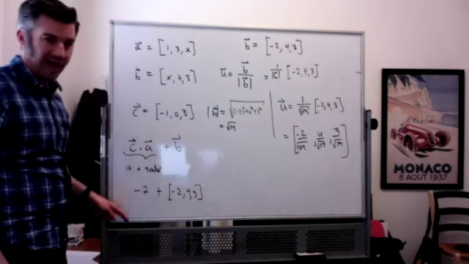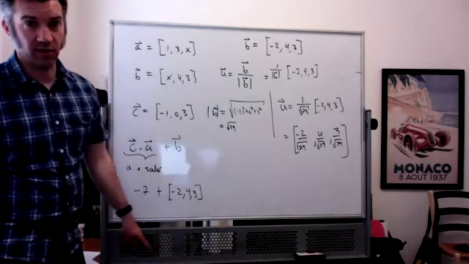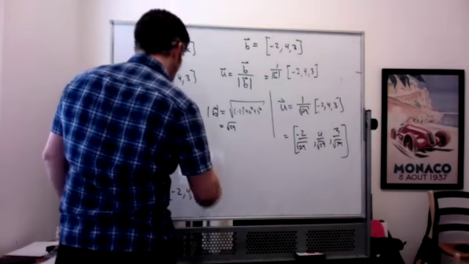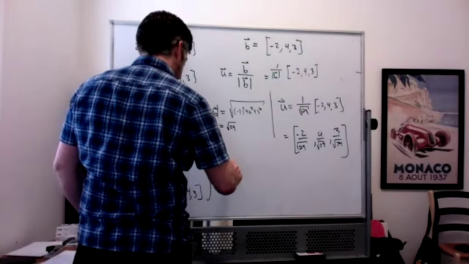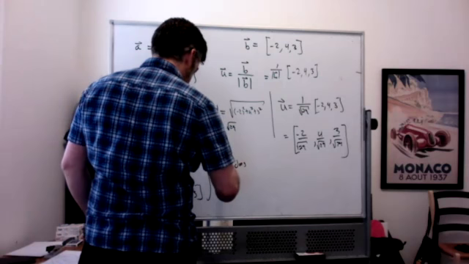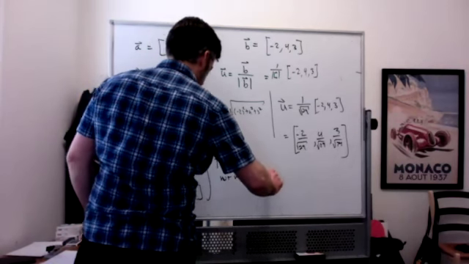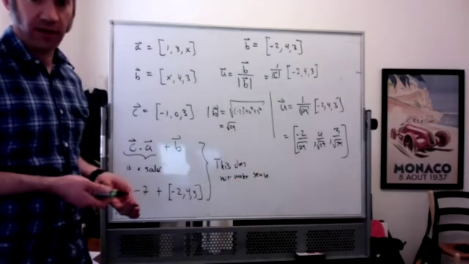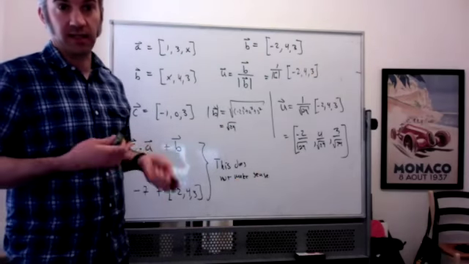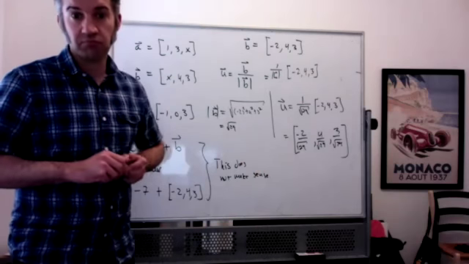And we can't add a scalar to a vector. So no, this does not make sense. We can only add vectors to vectors or scalars to scalars. We can't add scalars to vectors and vice versa.